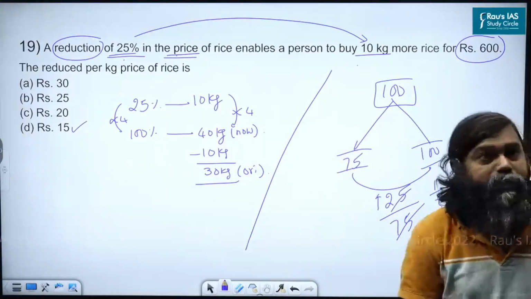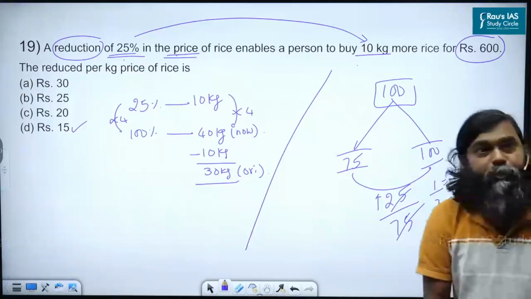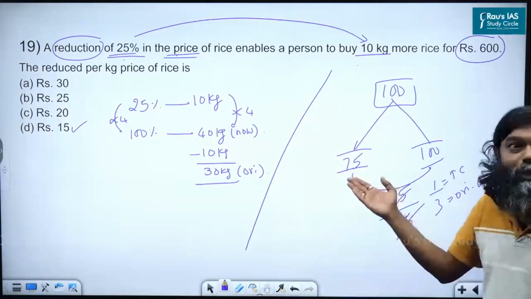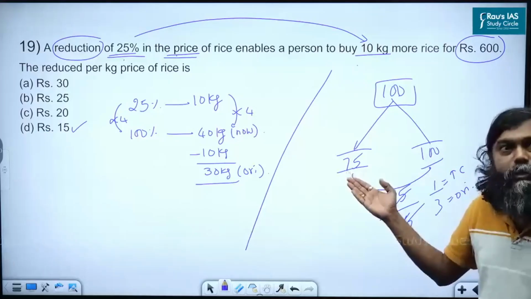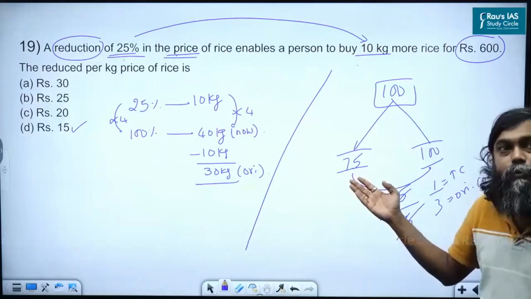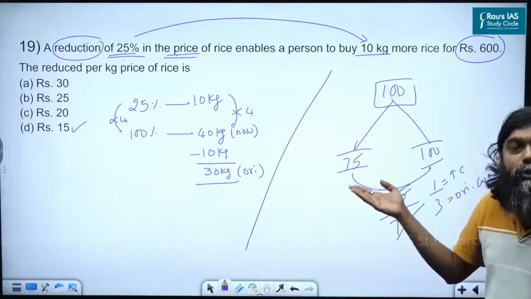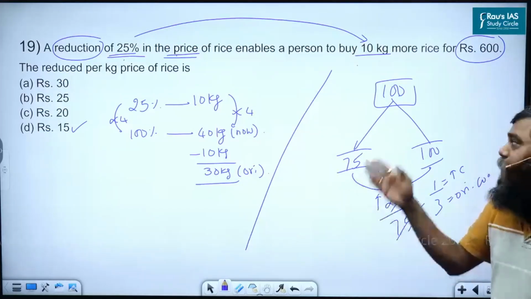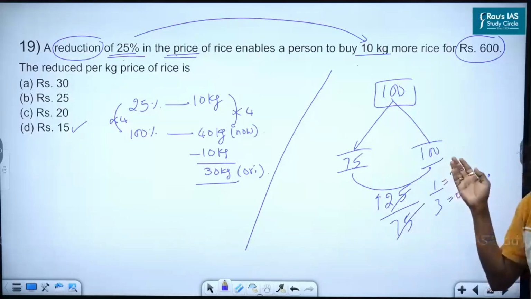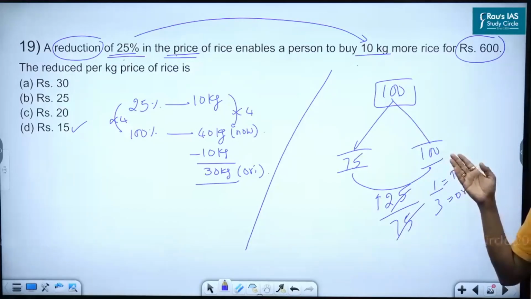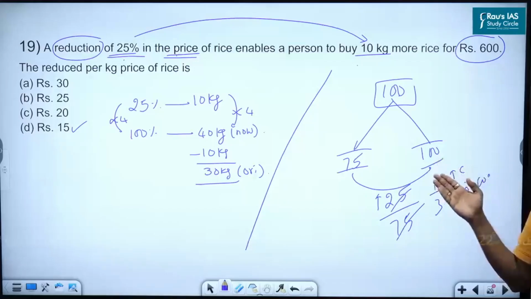Your price increased by how much? 30%. So how much money is required to purchase the earlier quantity? 130. But the question told you your expenditure increased by how much percent? 10%. 10% means how much expenditure? 110.